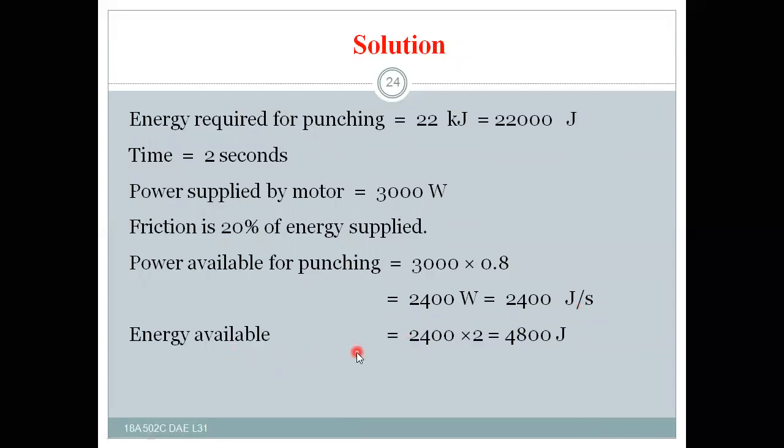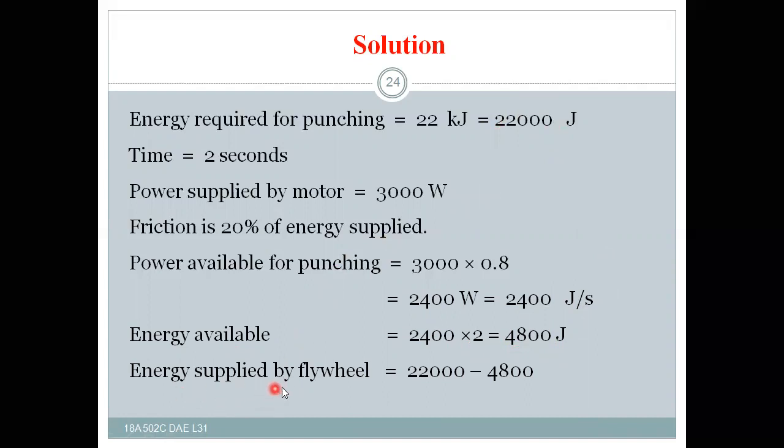So the energy available here is 2400 into 2, that is 4800 joules. This is the available, but required is 22,000 joules.